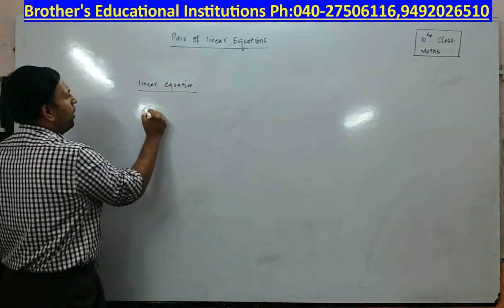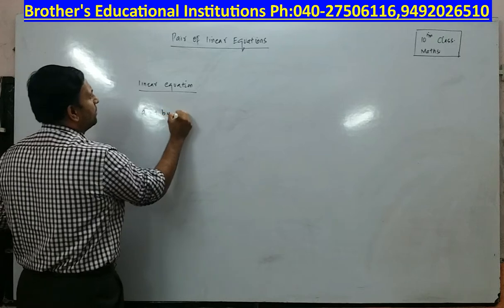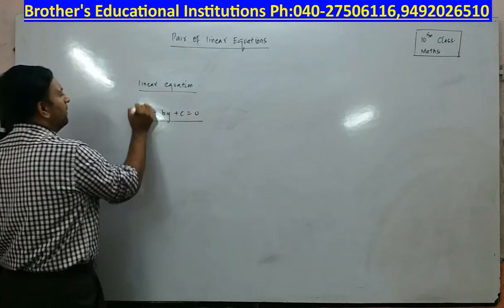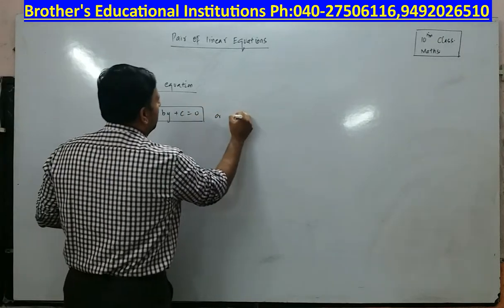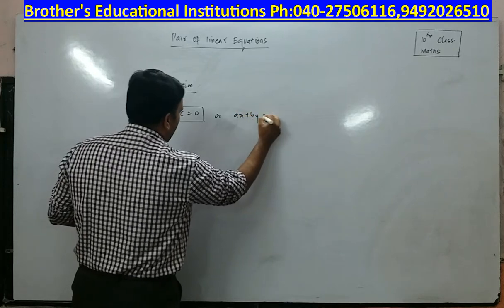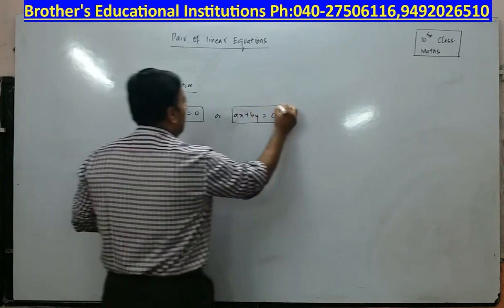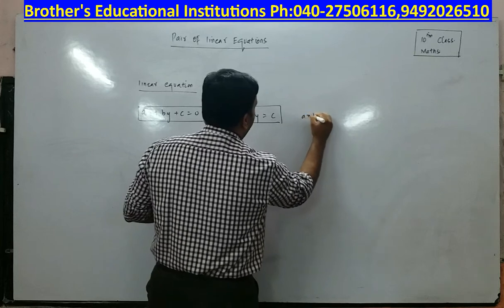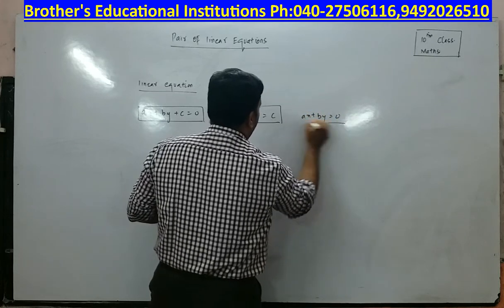Any equation of the form ax plus by plus c, or ax plus by is equal to c, or this c can be 0, ax plus by is equal to 0.